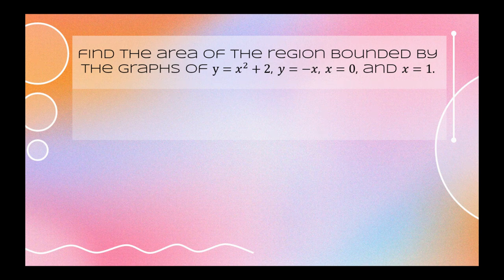So the first thing we need to know is which one is F and which one is G. Which one's on top and which one's on bottom. Yeah. X squared plus 2 is on top. How do you know that? Because the parabola would normally be going up. The plus 2 raises it up. And also the negative x is going like that. So that one's always below the x-axis.